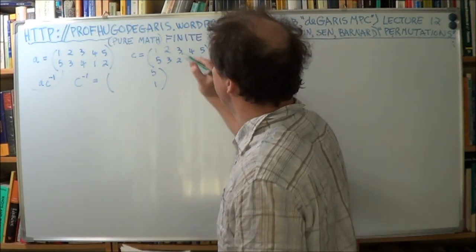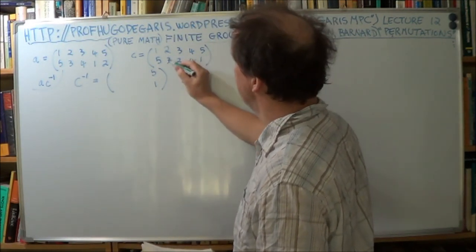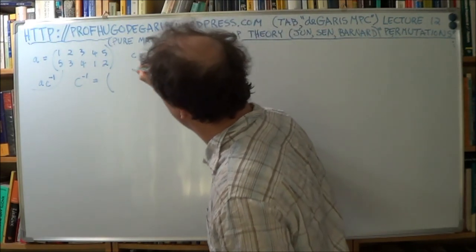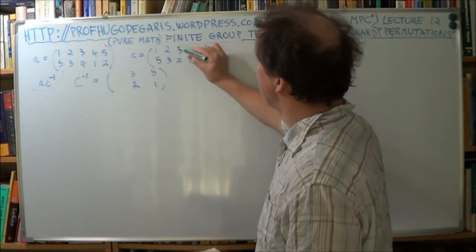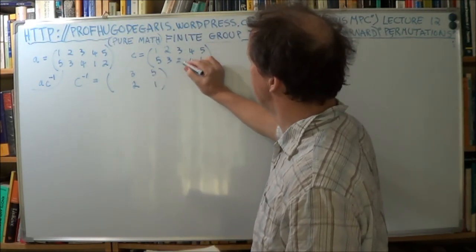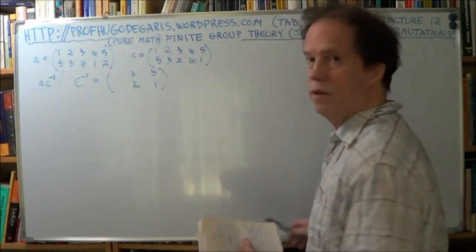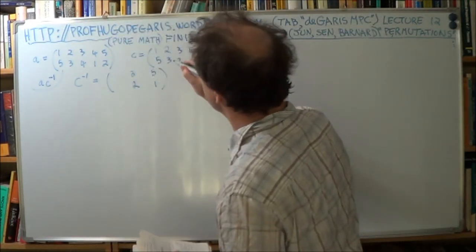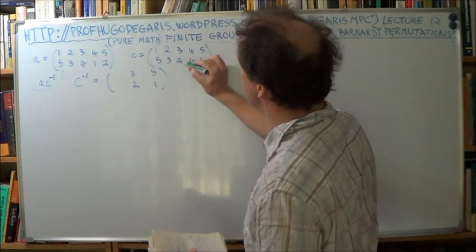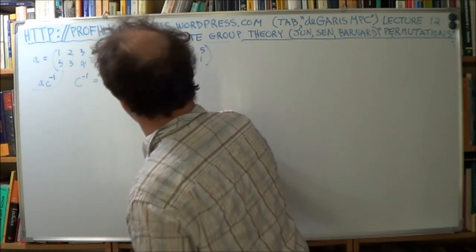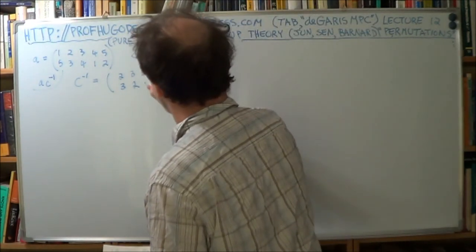All right? 2 goes to 3, so you want 3 to go back to 2. 3 goes to 2, so you want 2 to go back to 3. 4 goes to 4, no change, so you don't have to do anything.